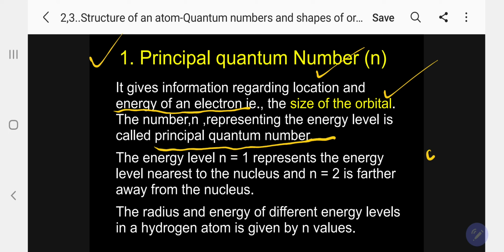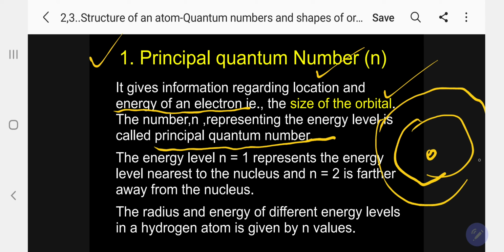Suppose, just imagine, this is the nucleus, this is the first level. Kindly follow. So, in terms of Bohr, if you remember, it is like this going on. The nearest is 1, this is 2, like that.